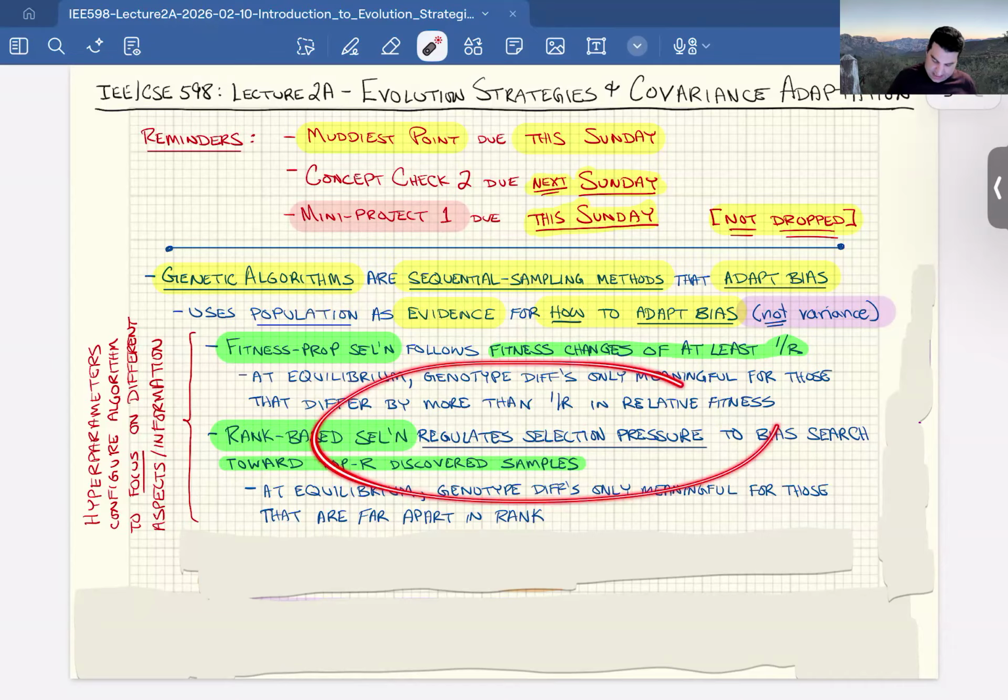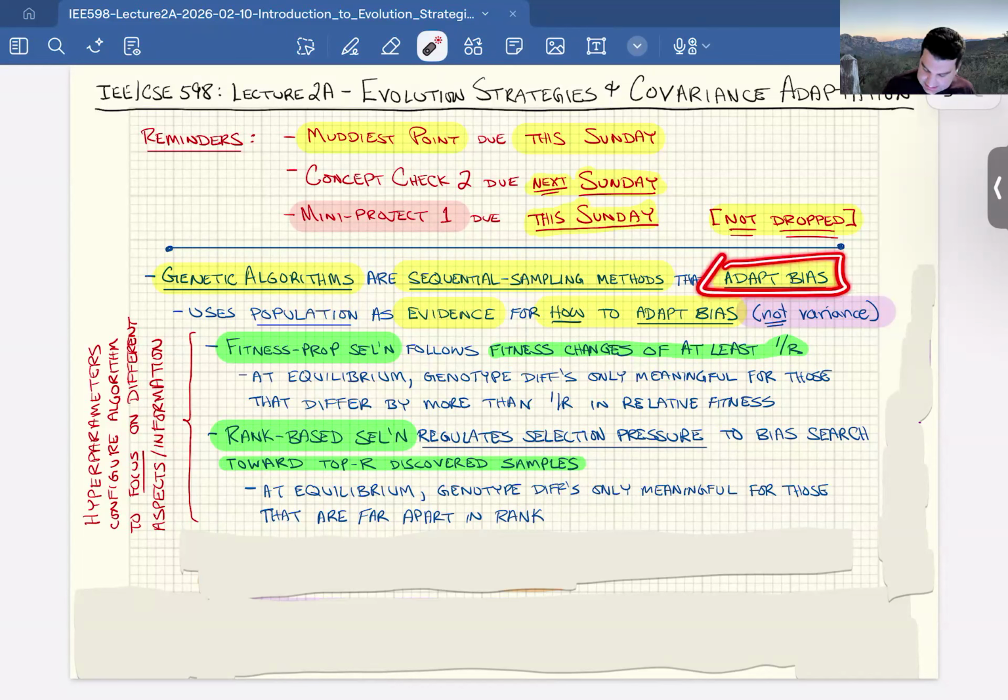But in both cases, that hyperparameter is affecting the focus of the search, how the sequential sampling method goes from one generation to the next. You're just giving it a different lens to look through as it samples the space and then uses that as evidence to adapt its bias. But again, I want to drive home that we're not adapting the variance.